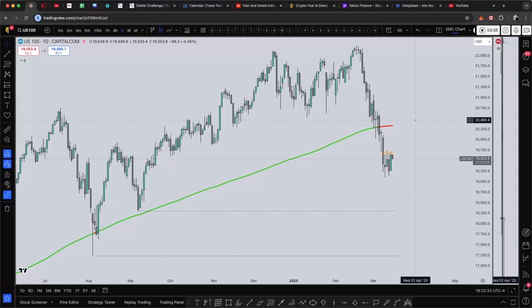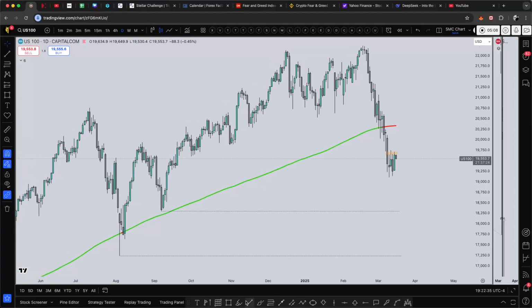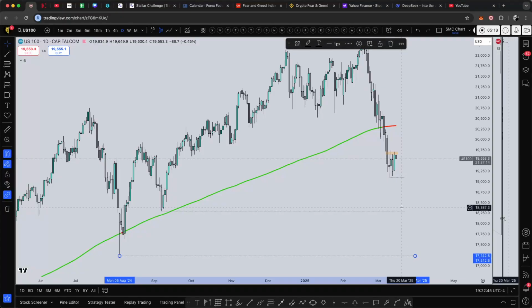So things are getting crazy right now. I think we still have a lot more room to go down, you know. So I am seeing the price displacing and crashing even deeper.